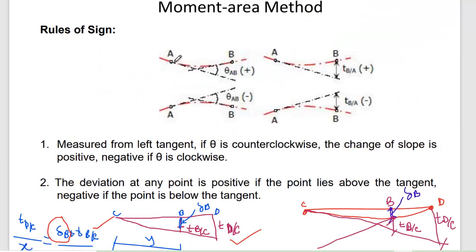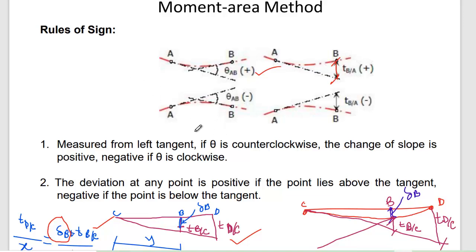Have a look. If you have tangent like this, if you have the curve like this, okay, if the deflection is below the neutral axis, so that time you will have this kind of shape. So that time you consider this is plus, and this deflection is also plus.